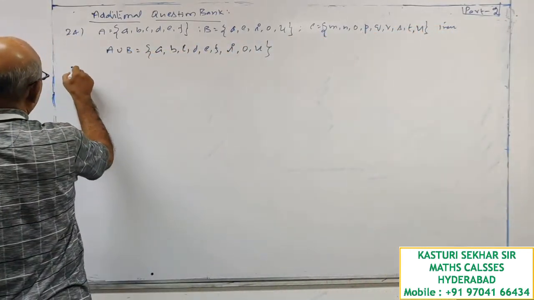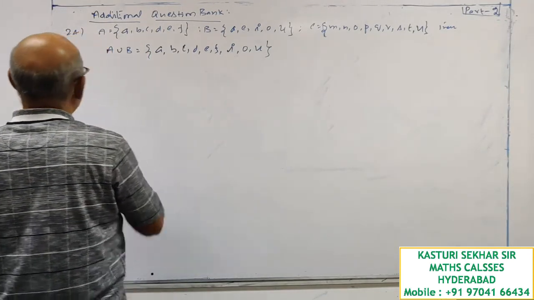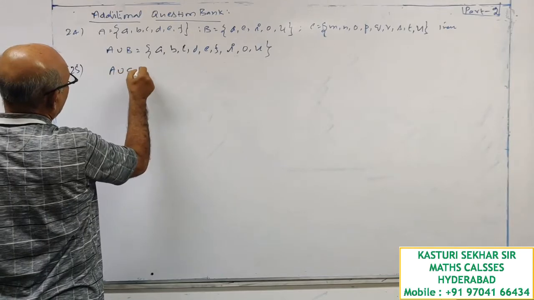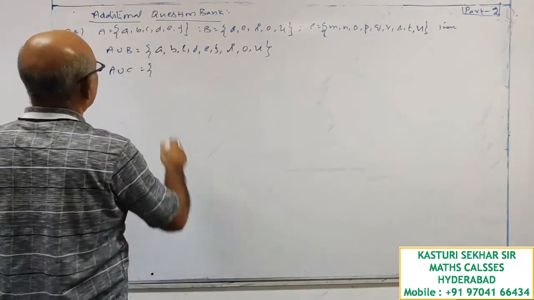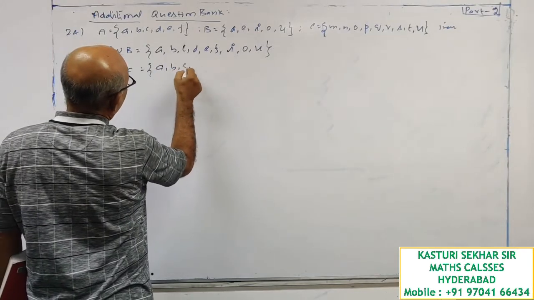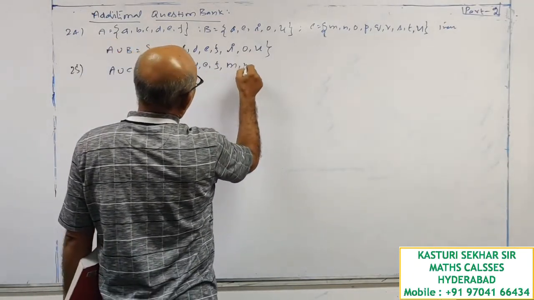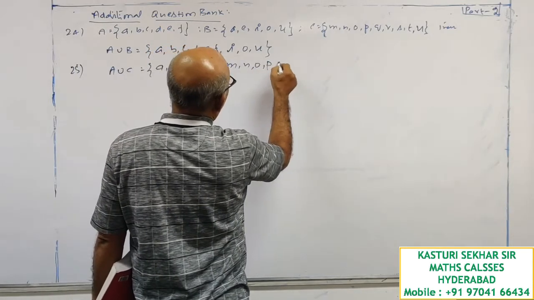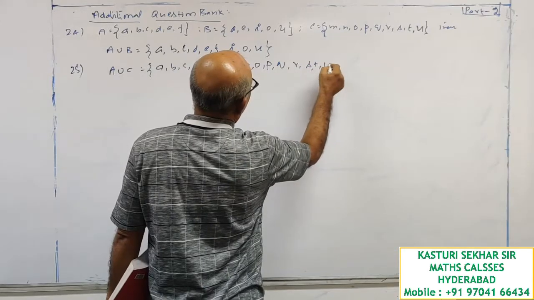Look at the same question 25. A union C, elements of A or elements of C or both. a, b, c, d, e, f, m, n, o, p, q, r, s, t, u.